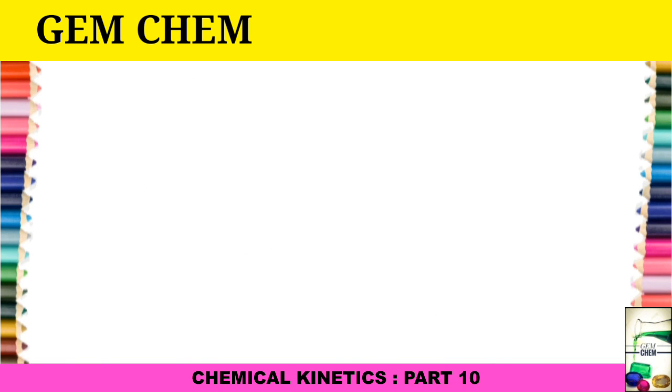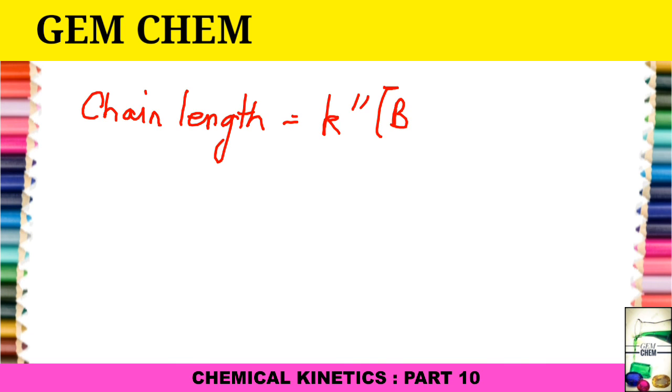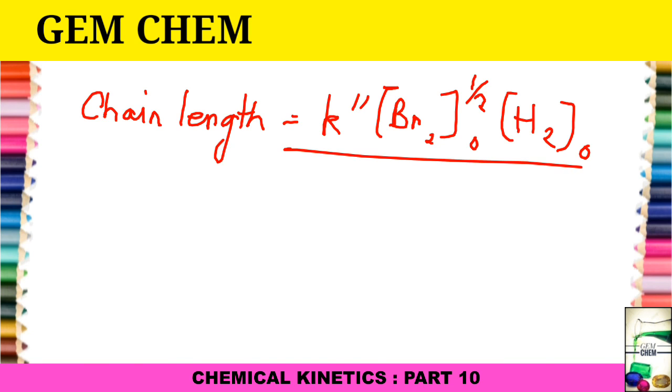So what is the chain length which we obtain? Here the chain length is equal to K double dash Br2 to the power half naught H2 to the power 1 naught, divided by 2K1 Br2 naught.